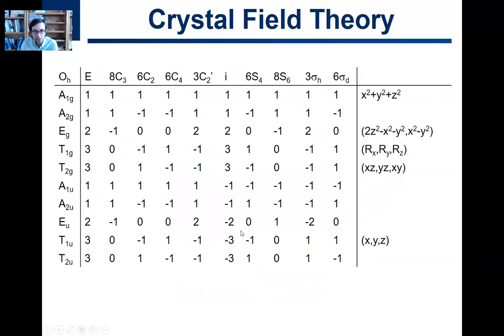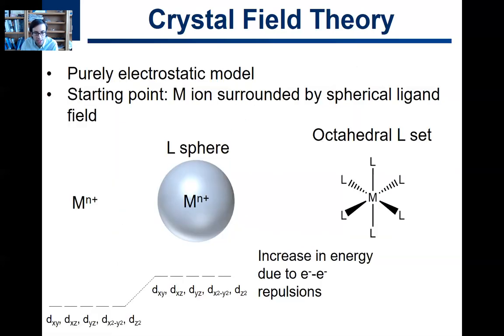In order to do that, we have to think about how these functions, xy, xz, yz, x squared minus y squared, and z squared, what is the symmetry of those in octahedral space? How do they transform? In spherical symmetry, which, by the way, we don't have a character table for, what is the point group of a sphere? There is a point group.